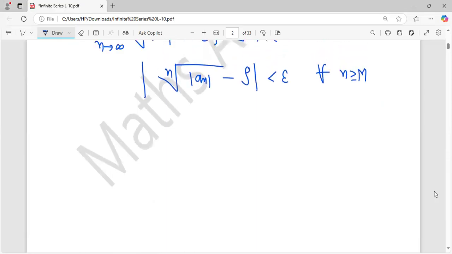So how can we write this part? This implies rho minus epsilon.